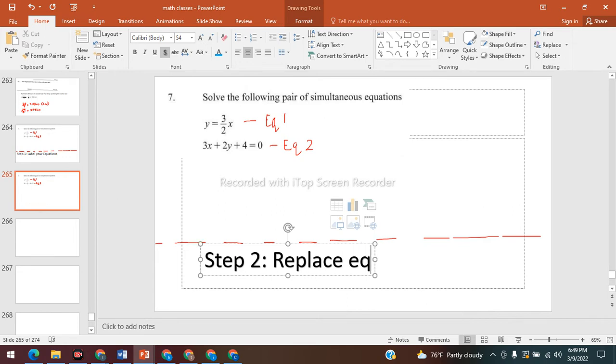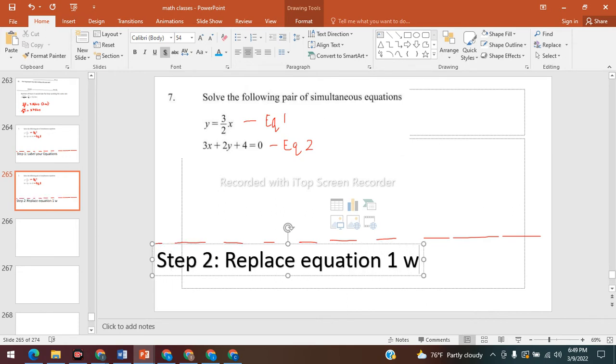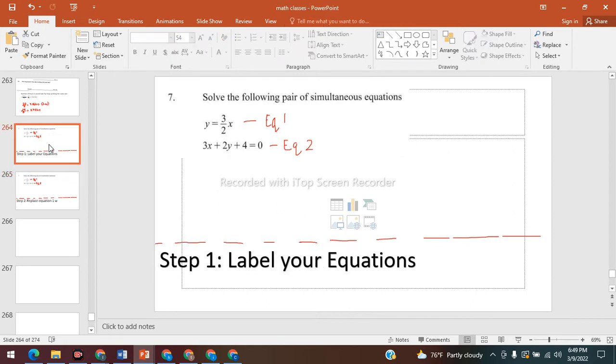Step 1 was label your equations. And the next thing that you want to do is substitute equation 1 with the value of y.